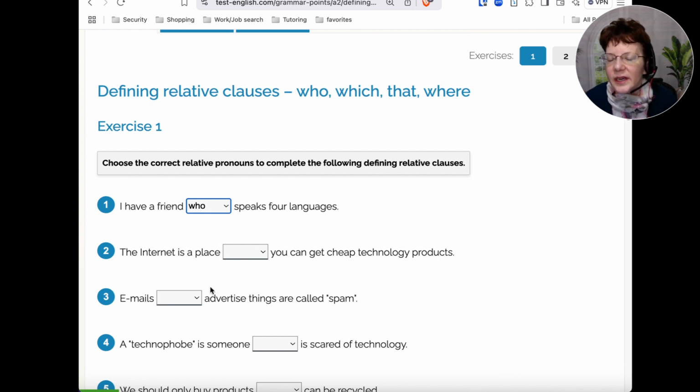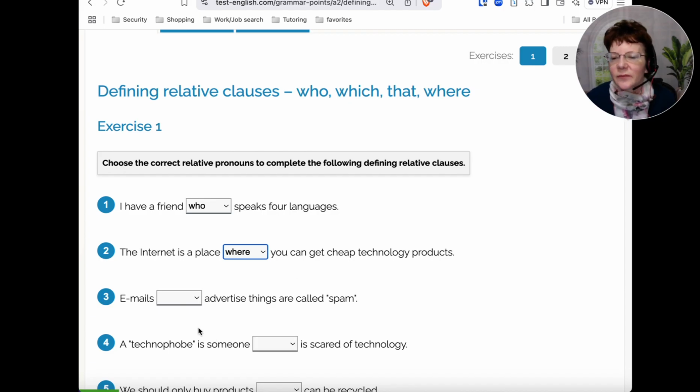Number 2, the internet is a place where, that, or which you can get cheap technology products. So a place, so you remember which pronoun describes that? If you chose where, that would be the correct one.